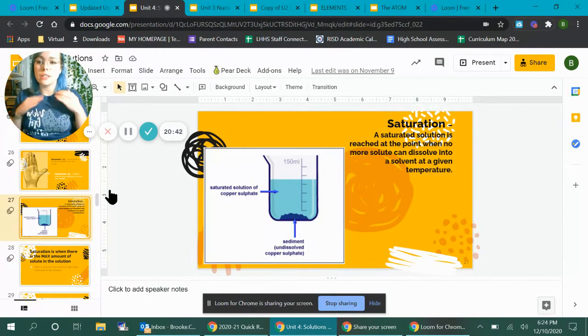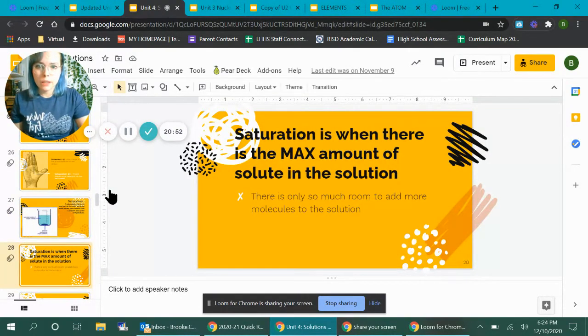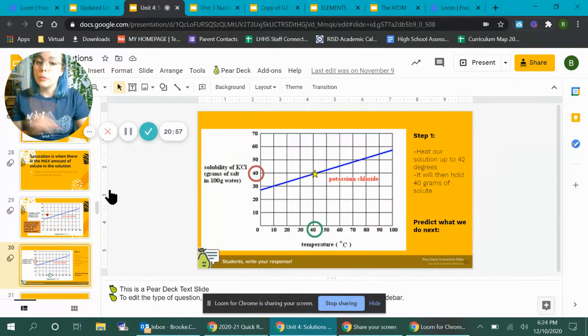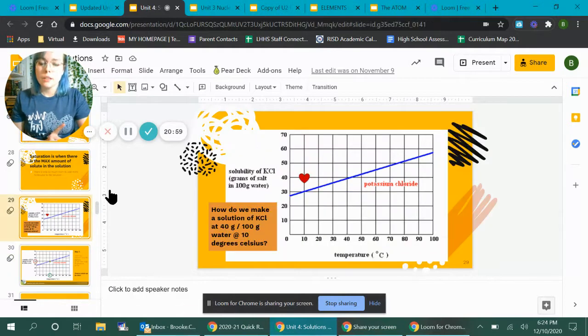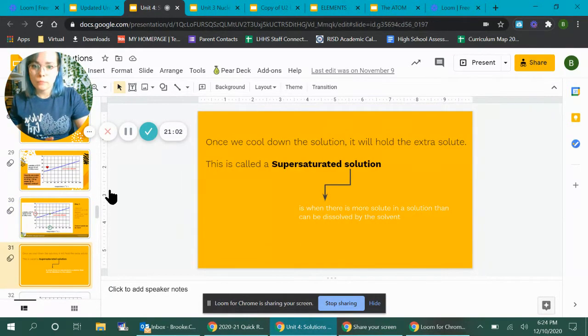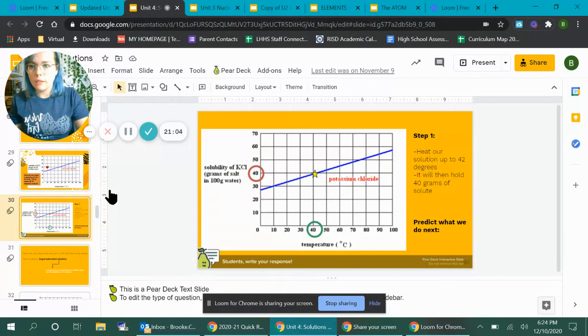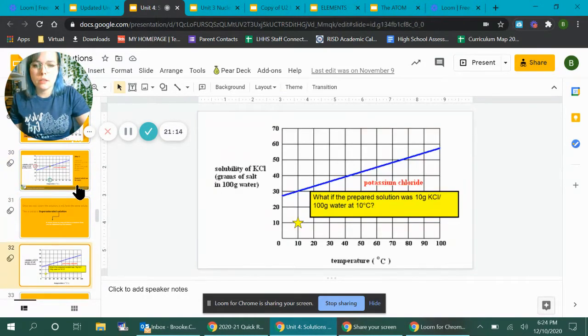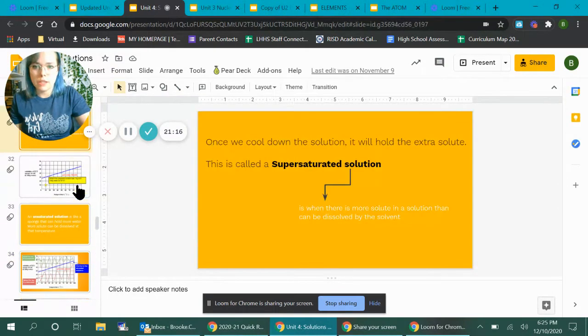Saturation means we've reached the max amount of solute that can go into that solution at whatever temperature we're at. We can't add any more unless we increase the temperature. And obviously, you have to increase the temperature and add more solute. Otherwise, you're just increasing the temperature. I guess let me define these things and then I'll go to the graph.